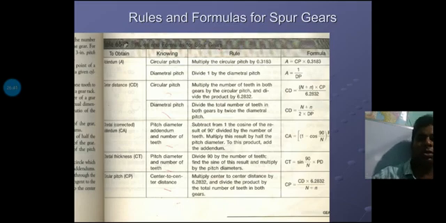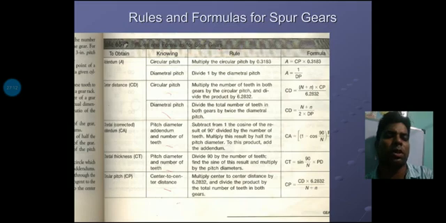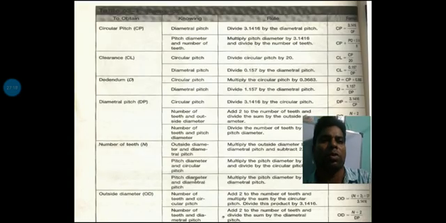And next is chordal pitch. Multiply the center to center distance by 6.2832 and divide the product by the total number of teeth of both gears, so Cp is equal to Cd into 6.2832 by (N plus n). That is the formula of spur gear.